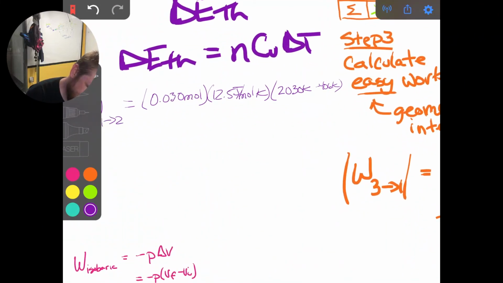So as we go from state 1 to state 2, we calculate the number of joules here: 0.030 times 12.5 times 2030 minus 406. Got to put some parentheses in here. And I get 609 joules from state 1 to state 2.